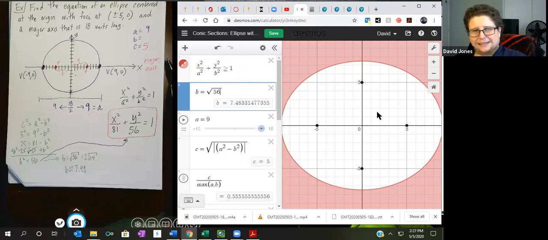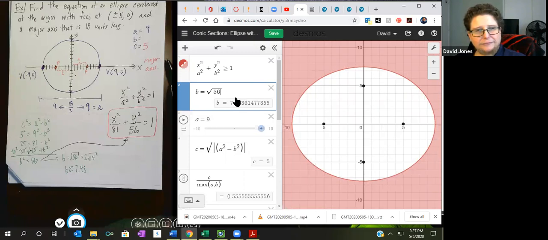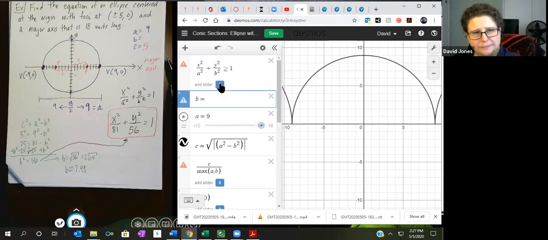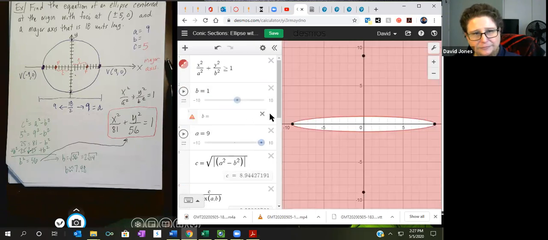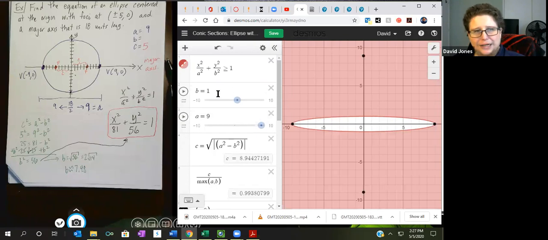See, almost circular. I'm gonna go back to making it a slider. Watch what happens as B gets close to 1. Watch what happens to the focal points.